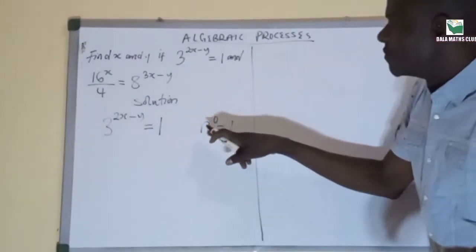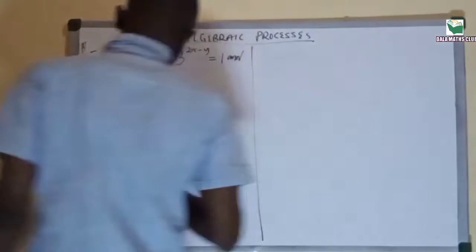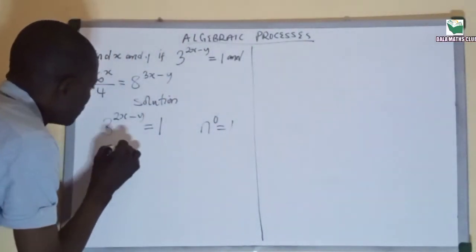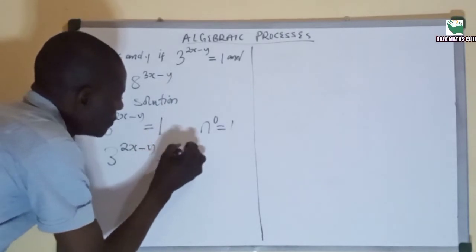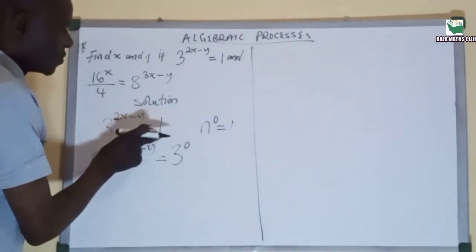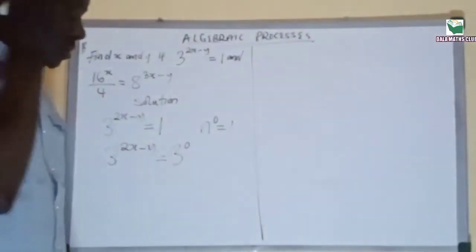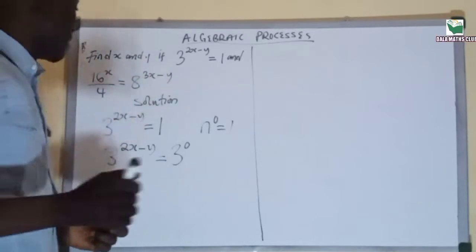That means if we are to use this, we can change this one. That is, we can say 3 power 2x minus y is equal to 3 power 0. We now consider this one as 3 power 0 because 3 power 0 is 1 according to the law of indices.